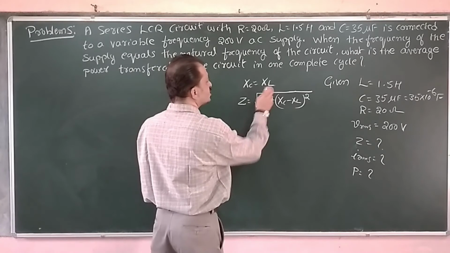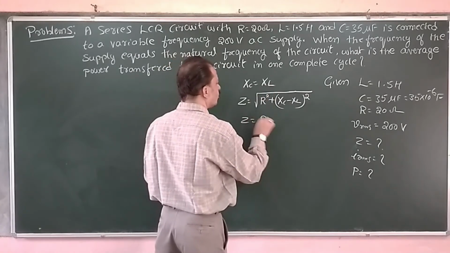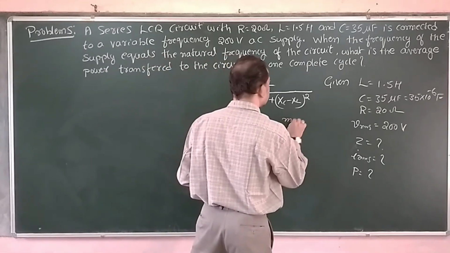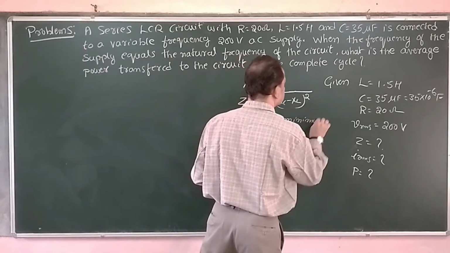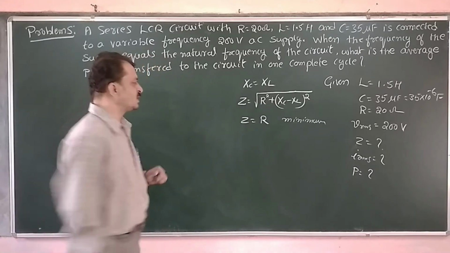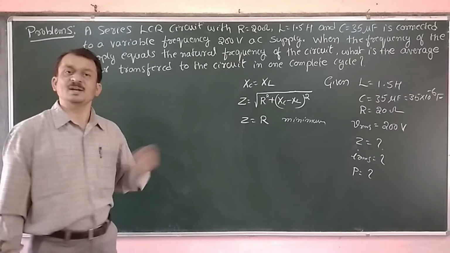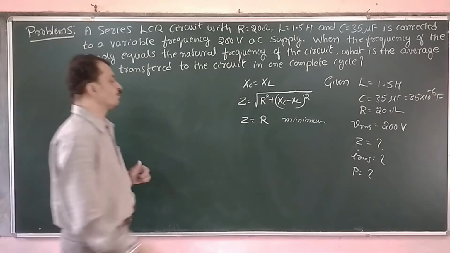Since these two are equal, the impedance becomes minimum, that is the resistance. Impedance becomes resistance, therefore Z is equal to R, and current becomes maximum.